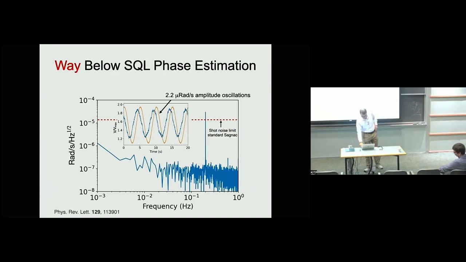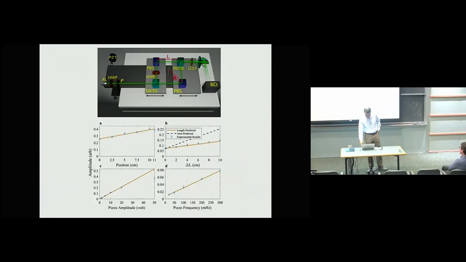So our frequency estimation technique is orders of magnitude better. And the shot noise limit of our frequency estimation is actually several orders of magnitude below this yet. So even though we beat the shot noise limit for phase estimation, our frequency estimation technique can do much, much better than this is actually showing.